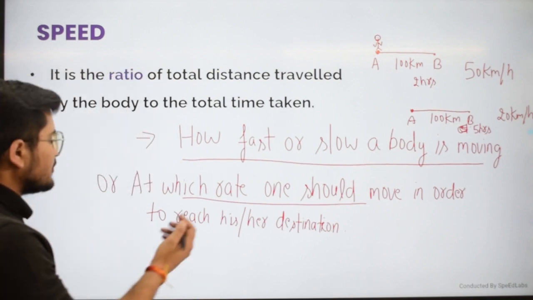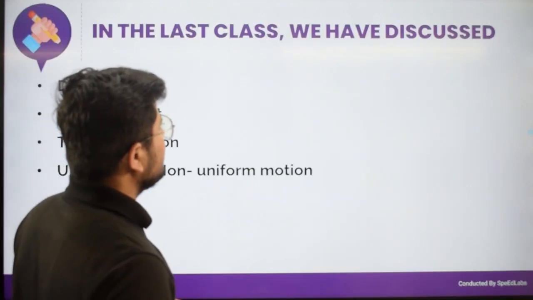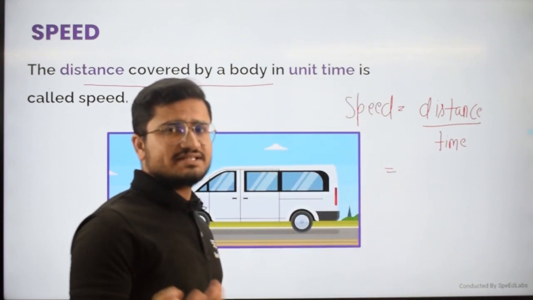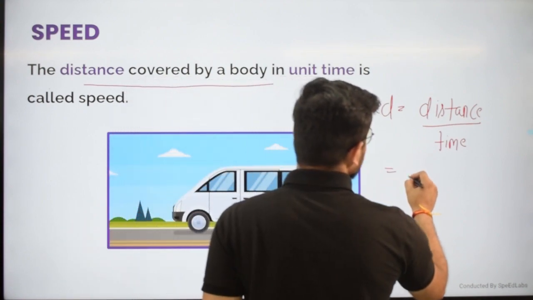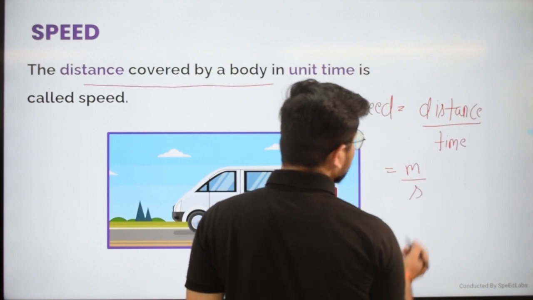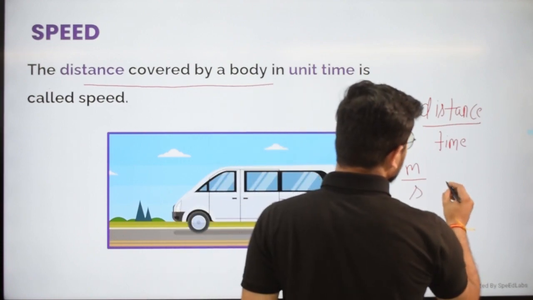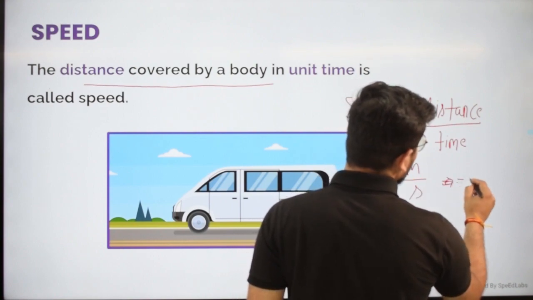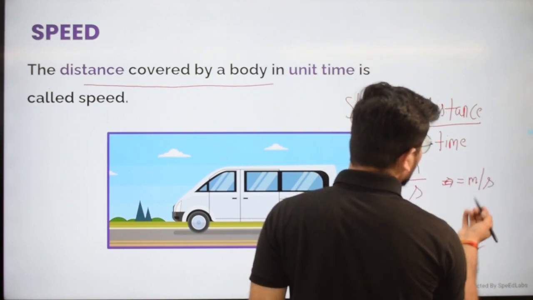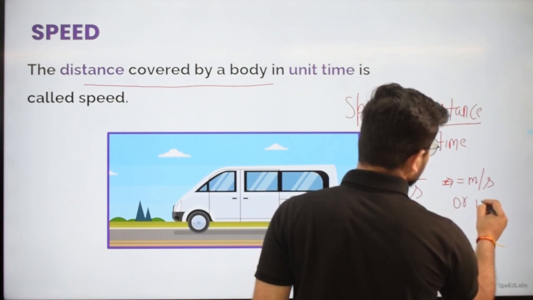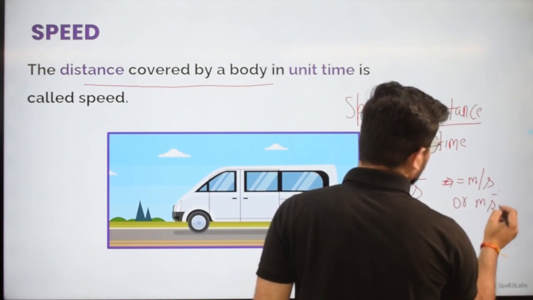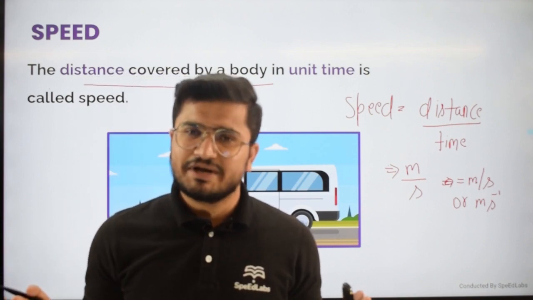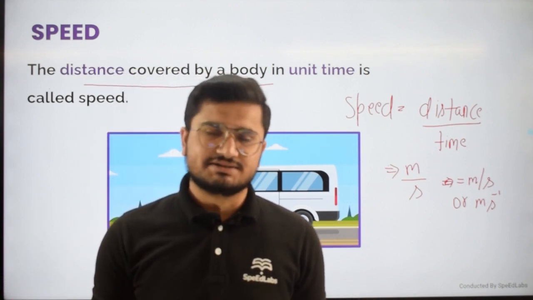Fine. So speed is distance upon time. What is the SI unit of distance? Yes, meter, and time is second. So the unit of speed is meter per second, or we can write it like this also, m/s.